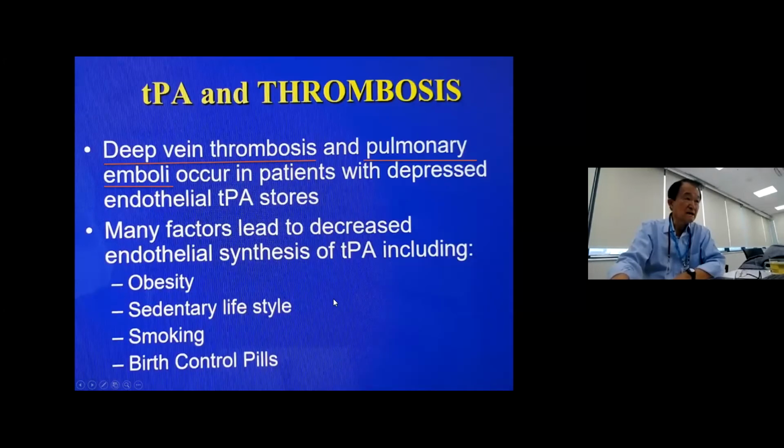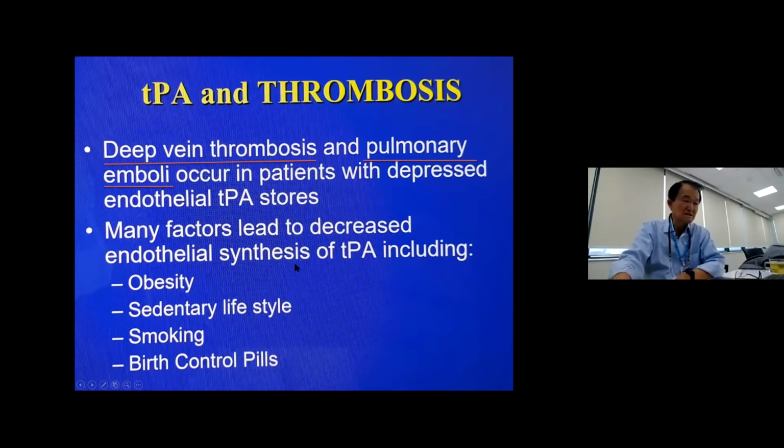And it's been found that deep vein thrombosis or tumor emboli occurred in patients with depressed or lesser amounts of TPA stores.